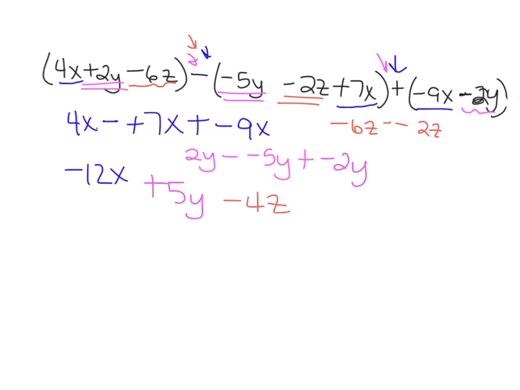Now, before I go any farther, I ask myself, did I pick up all the terms? So in the first parentheses, there's nothing left. Second parentheses, nothing left. Third parentheses, nothing left. And again, because I have more than one variable, I don't need to worry about actually putting this in any particular order. So I'm just going to leave it as is. Negative 12x plus 5y minus 4z.